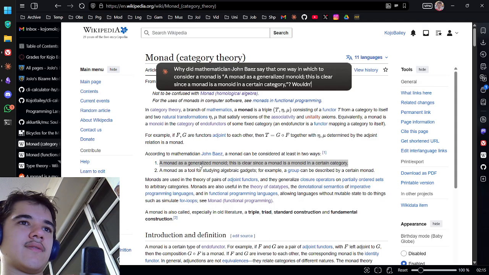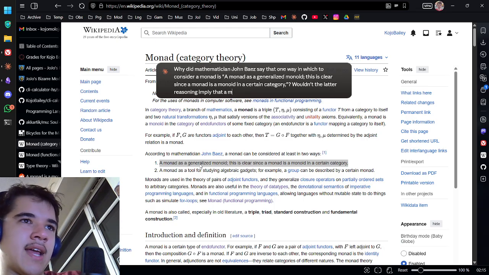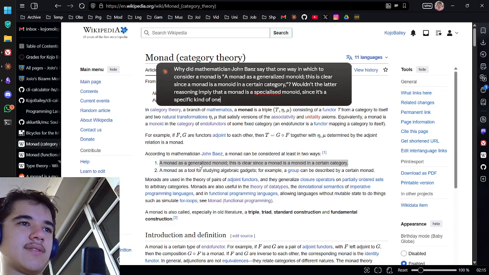Wouldn't the latter reasoning imply that a monad is a specialized monoid, since it's a specific kind of one?